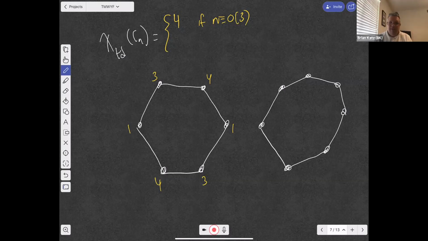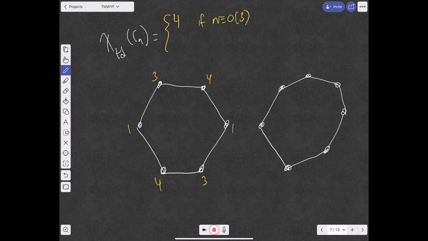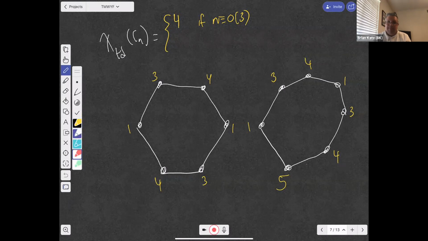Can you put a 5 between the 1 and a 4? Oh, sure. That might do it. 1, 3, 4. 1, 3, 4. We should be able to do it with 5. The problem with this construction, though, is that we get these ones right here.